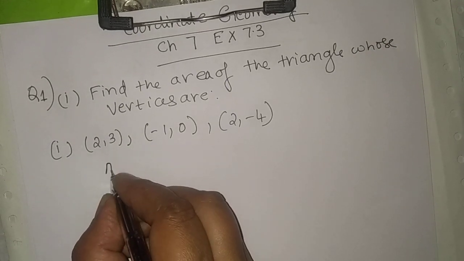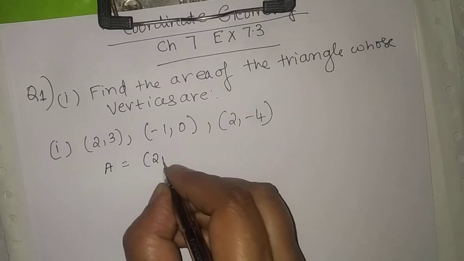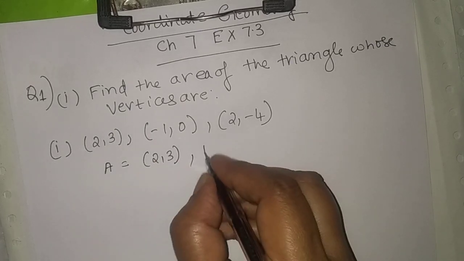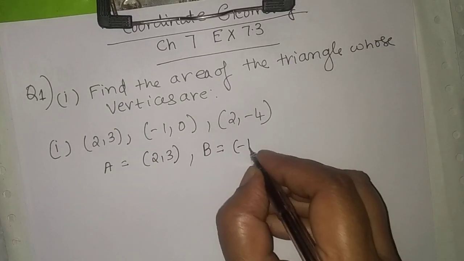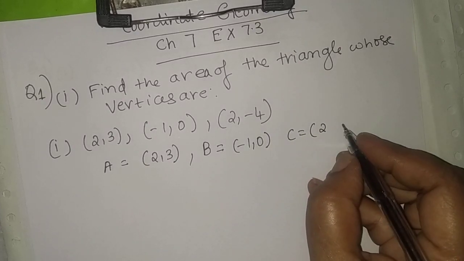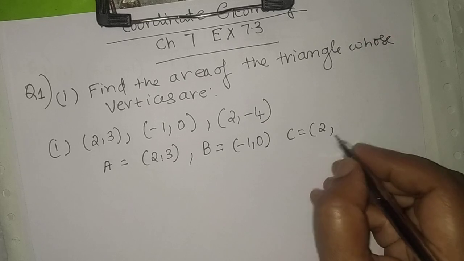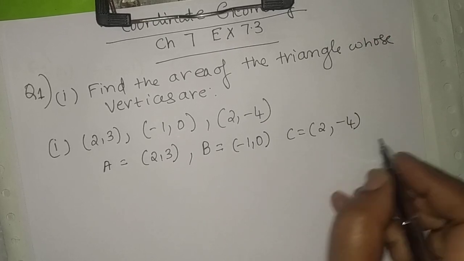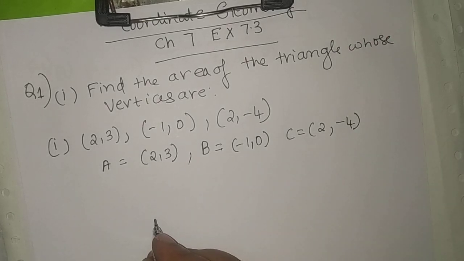So we'll first write down the vertices: A is equal to (2, 3), B is equal to (-1, 0) and C is equal to (2, -4). So these are the vertices.